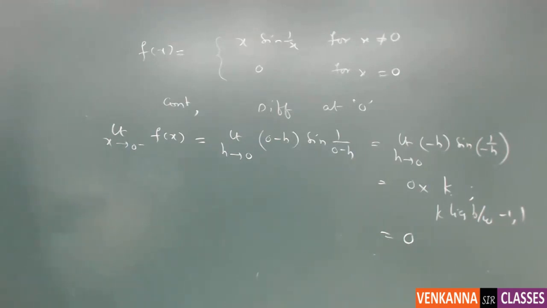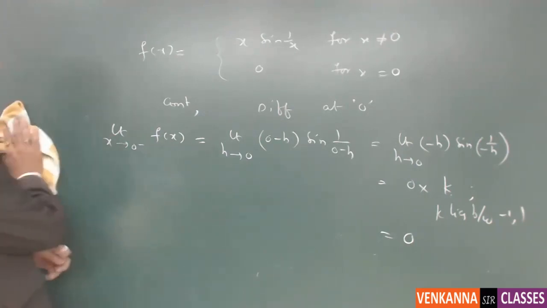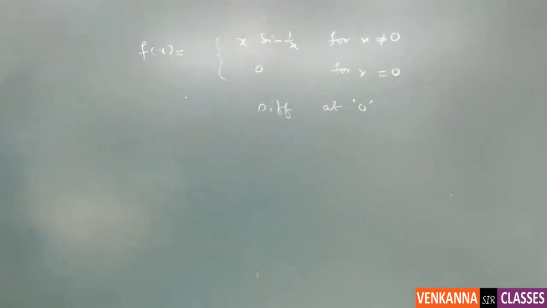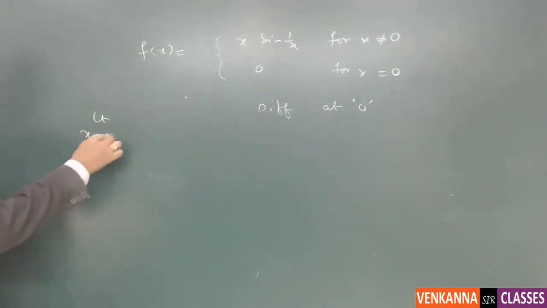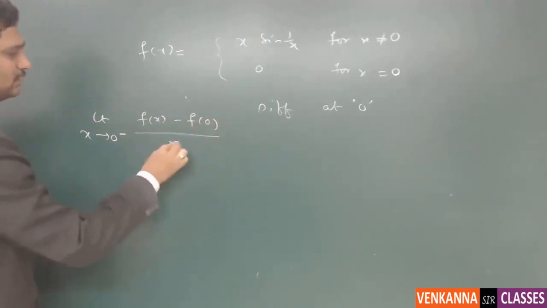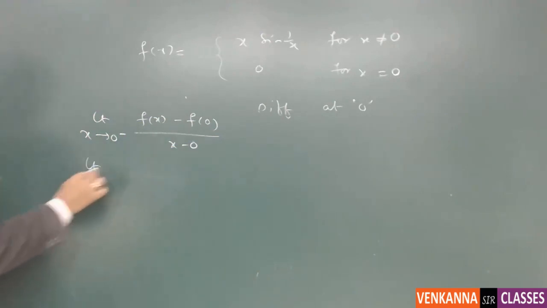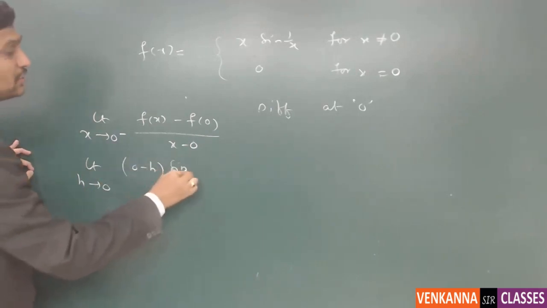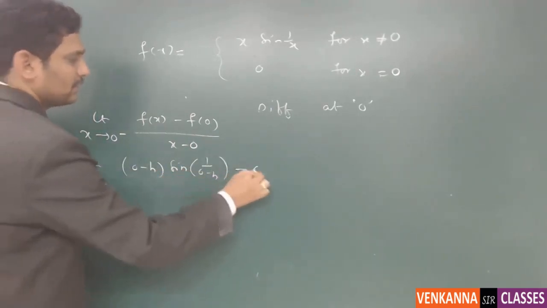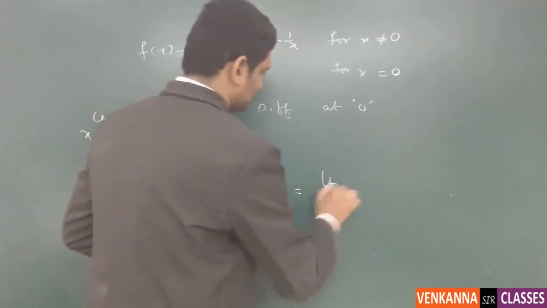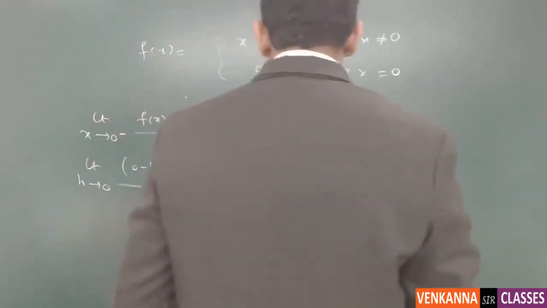So if you check for the differentiability at the point 0, then if you calculate the left derivative, limit x tends to 0 minus, f of x minus f of 0 by x minus 0, you are going to write it as limit h tends to 0, 0 minus h into sine of 1 by 0 minus h, minus 0, whole divided by 0 minus h. This will be equivalent to limit h tends to 0.